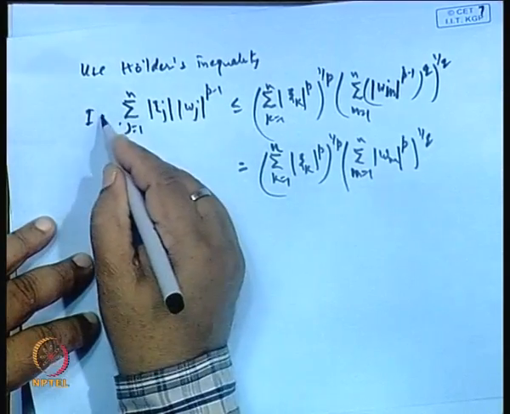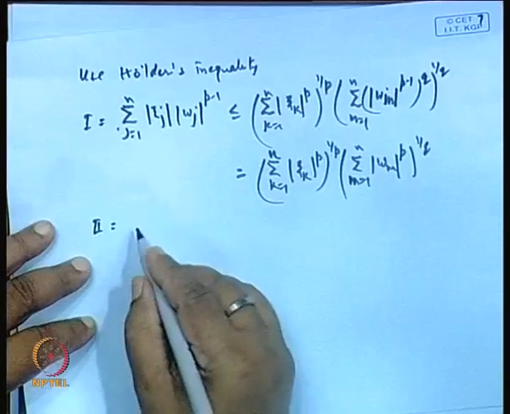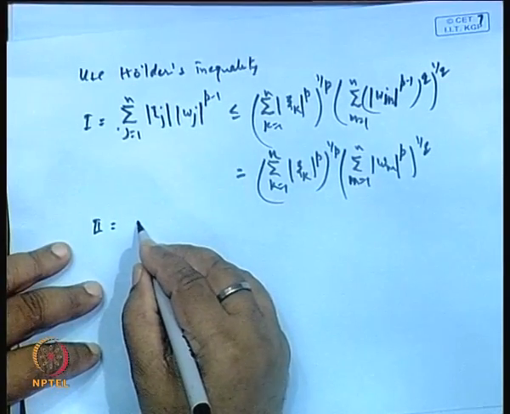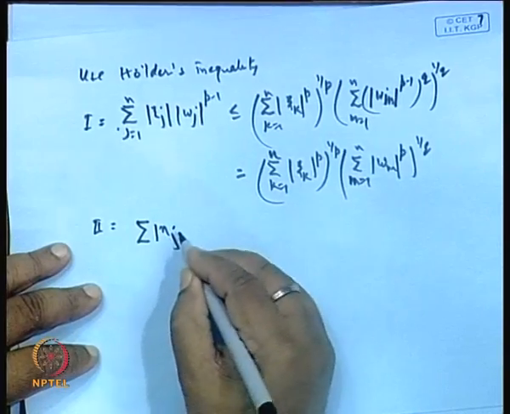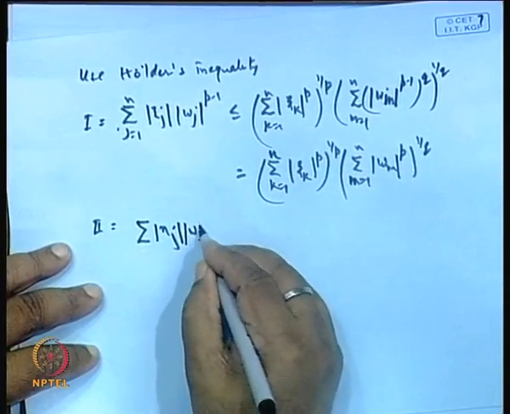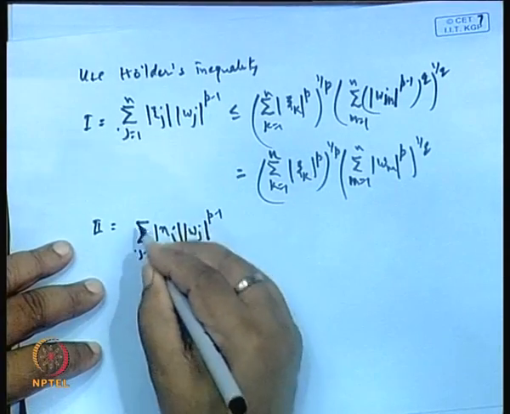Now, the second part. In a similar way, for the second we can use sigma mod of eta j mod of w j power p minus 1, j is 1 to n.